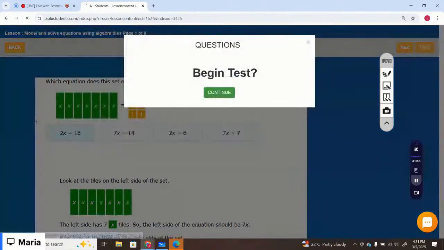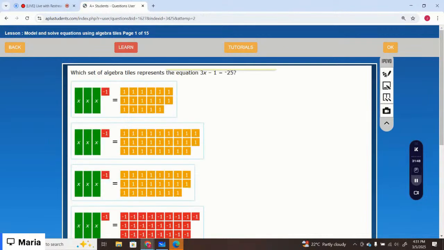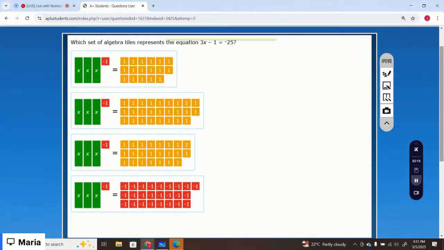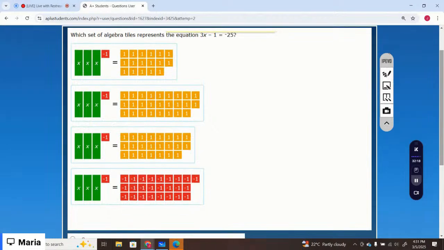Let's just start with the test questions. Which set of algebra tiles represents the equation 3x minus 1 equals negative 25?